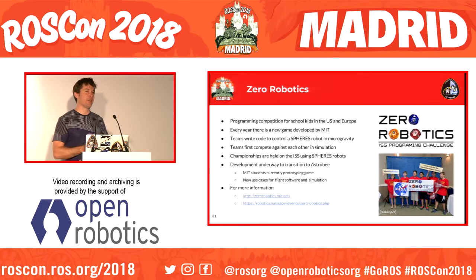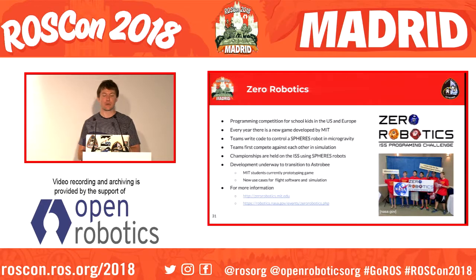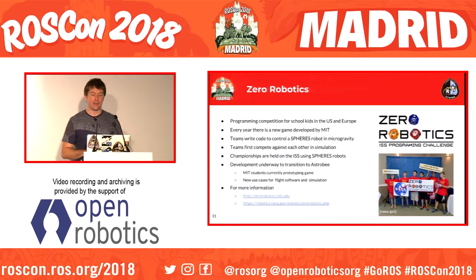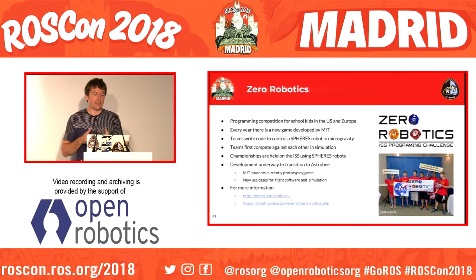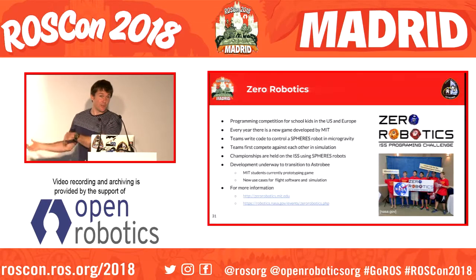The other thing I ought to mention is Zero Robotics. This is a really neat project at NASA and MIT. It is essentially a competition that has kids code control algorithms for SPHERES robots and then have it execute on orbit. They first test against each other in simulation, and ultimately it's uploaded to the space station, and their code runs on a real robot on the space station.